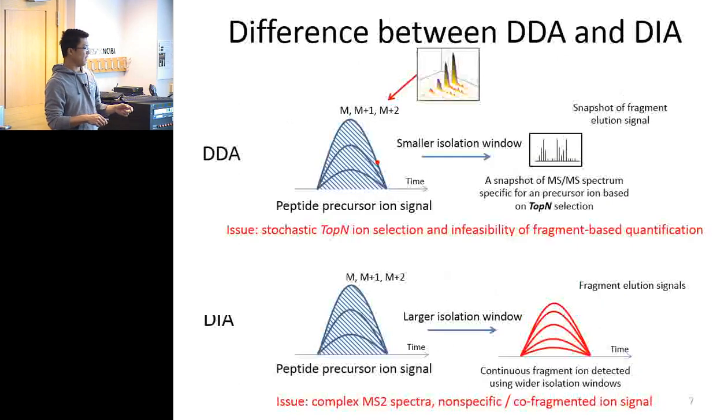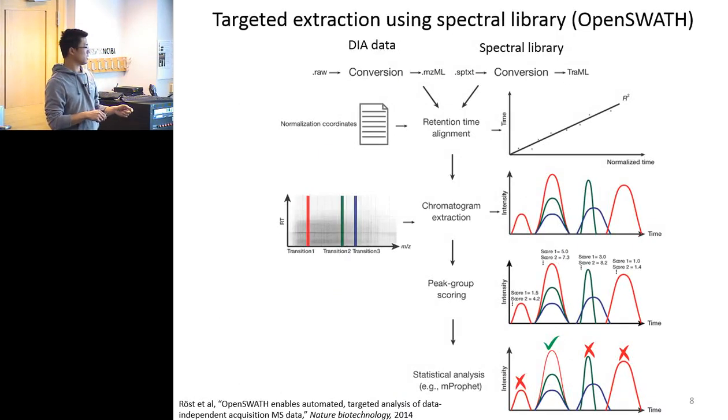And once you have all those transitions, you acquire all those elution profiles. Then you can score. So for these three fragments, you expect that they co-elute, they elute all together at this time point. So it's more likely that at this time point, all those signals are actually for that peptide.